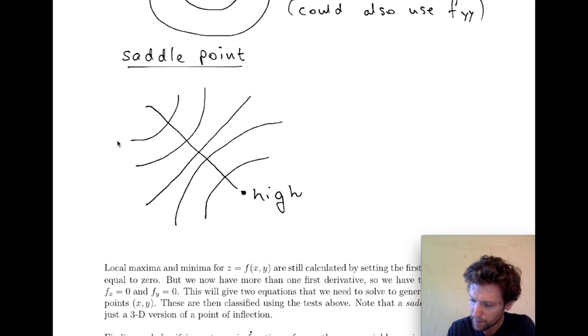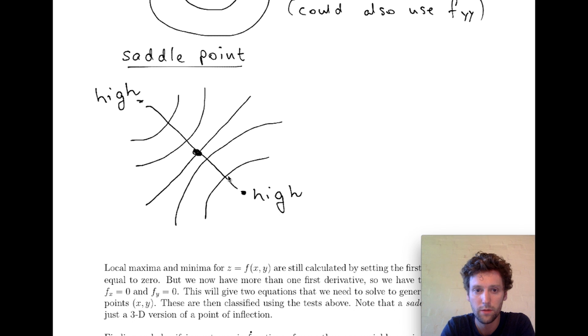This point here is high up. But in between, I've got a low point. So if I look in this direction here, we're talking about a minimum, a local minimum. It's a low point between two high points.